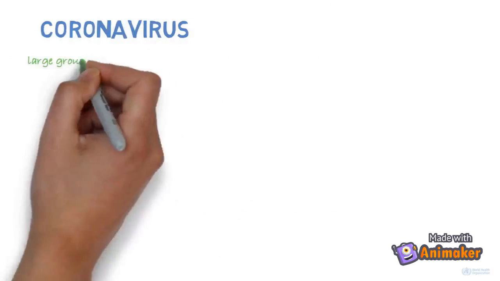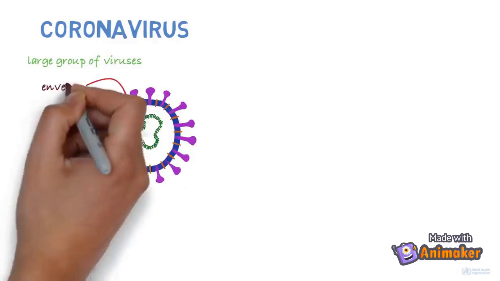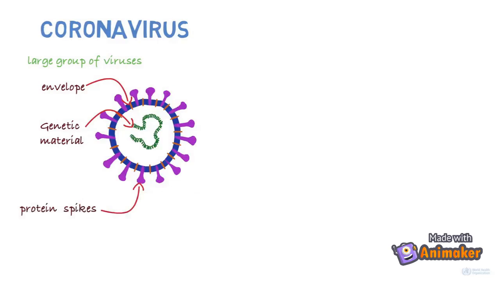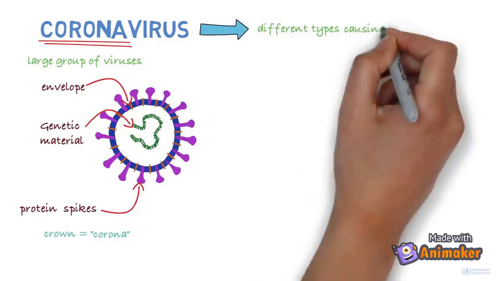Coronaviruses are a large group of viruses. They consist of a core of genetic material surrounded by a lipid envelope with protein spikes. This gives it the appearance of a crown. Crown in Latin is called corona, and that's how these viruses get their name. There are different types of coronaviruses that cause illness in animals and humans.